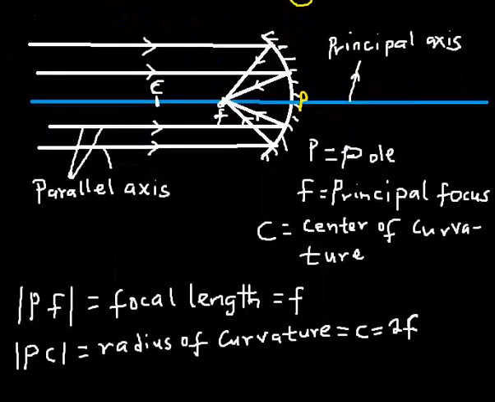Now how does a convex mirror look like? Why is it called a convex or converging mirror? Convex or diverging, please pardon me.